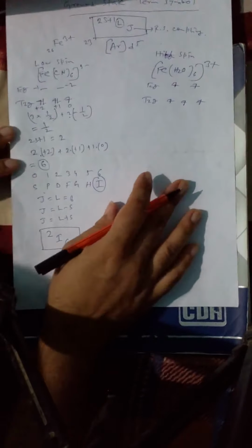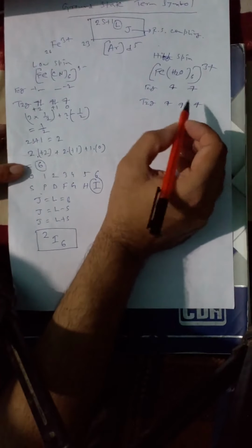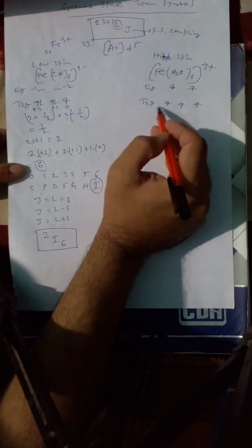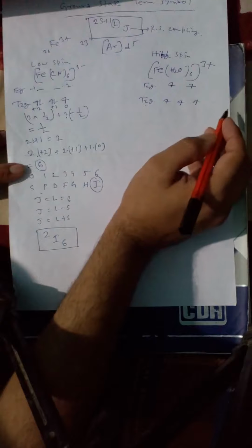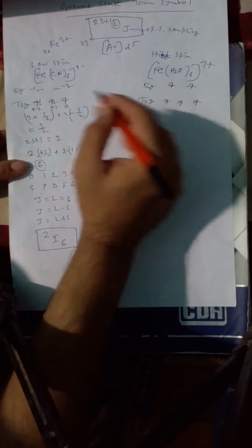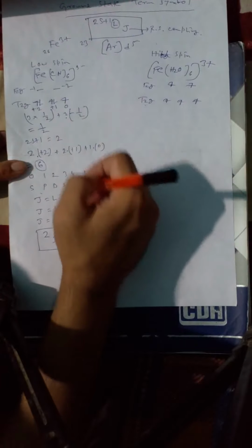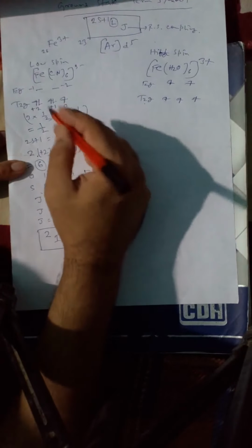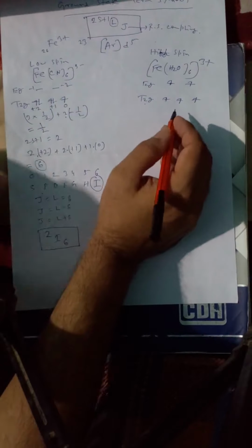Coming to the other part, which is high spin Fe3+, we can arrange the 5 electrons into t2g and eg following Hund's rule, where we will get the maximum spin multiplicity, following similar rules which helped us determine the low spin ground state symbol.